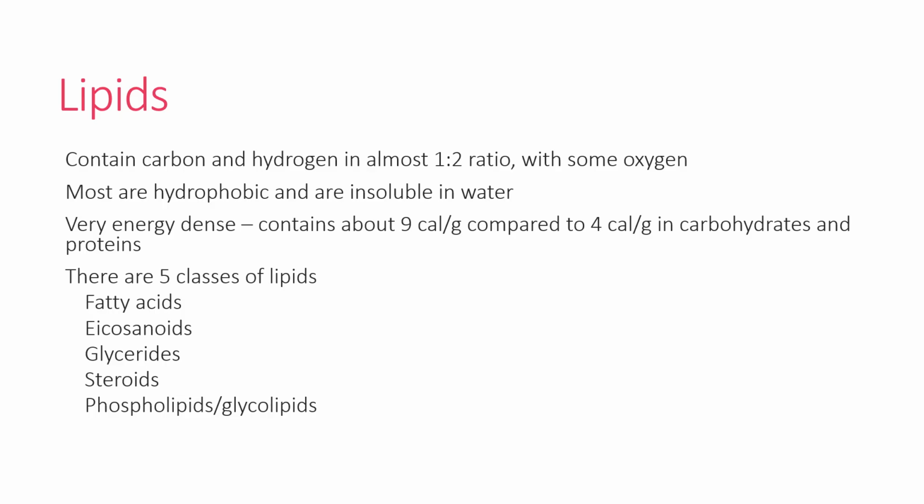The lipids are going to be very, very energy dense. They contain about 9 kilocalories per gram, compared to about 4 kilocalories per gram in carbohydrates and proteins. So very, very energy dense. For example, I was looking at a can of peanuts the other day.